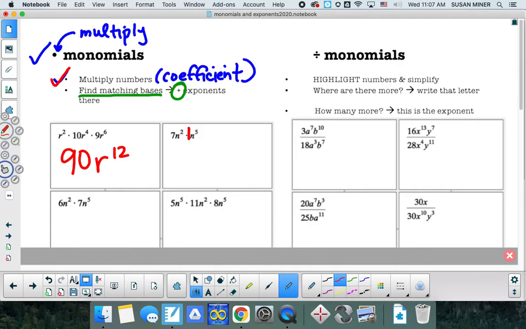And remember, I can always put an invisible 1 in there if I don't have a coefficient. So 7 times 1 is just 7. And then I'm going to find the matching bases. My matching bases, both of those are matching, n and n. And then I add up the exponents. So n to the 2 plus 5, which gives me 7n to the 7th.